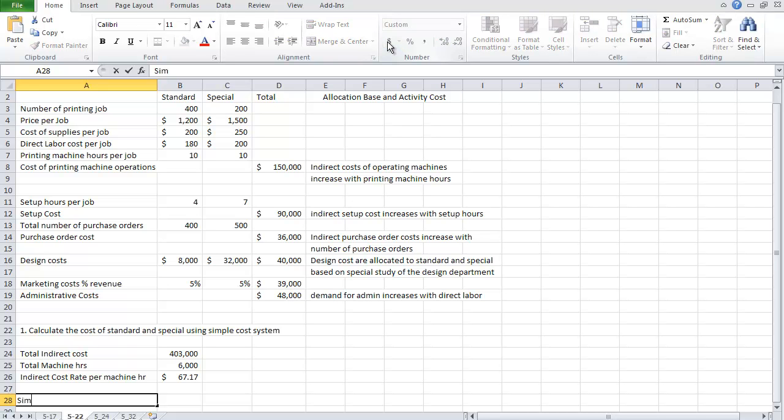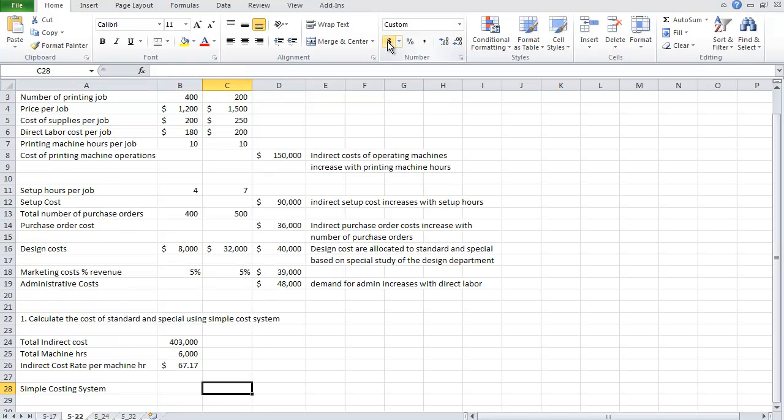So under a simple costing system, we have a standard job, and then we have the special jobs.